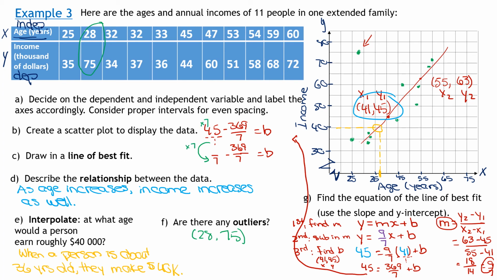I have to multiply it by 7. So 45 times 7 goes on the numerator. That's 315. Now I have a common denominator, and I can subtract 315 minus 369, and I have negative 54 over 7 equals b.